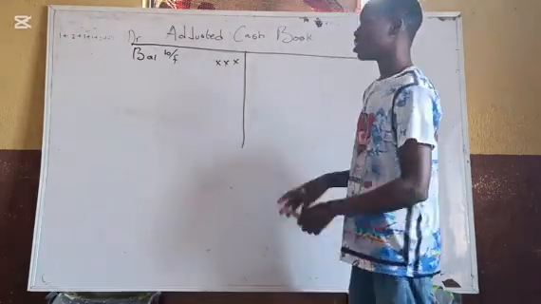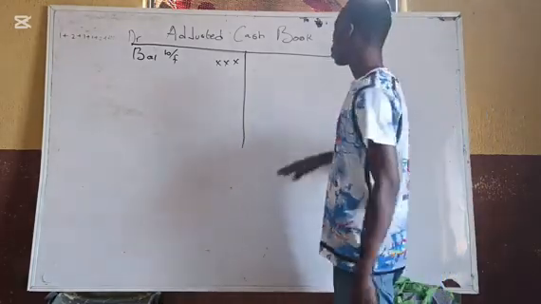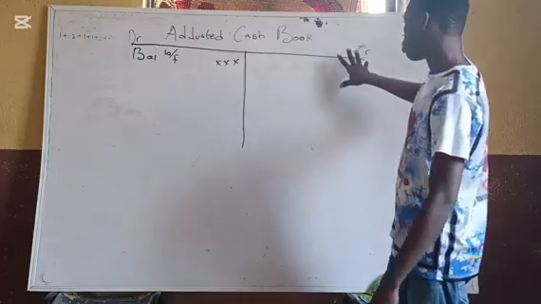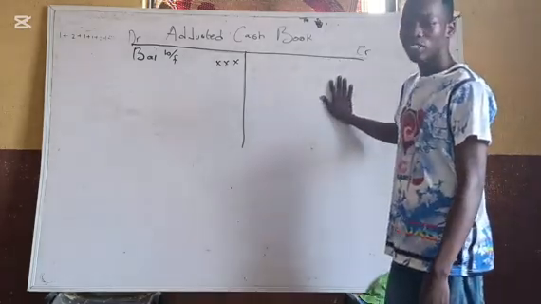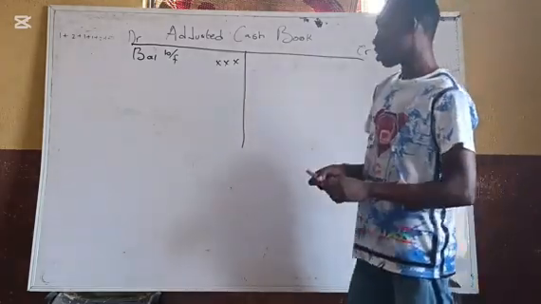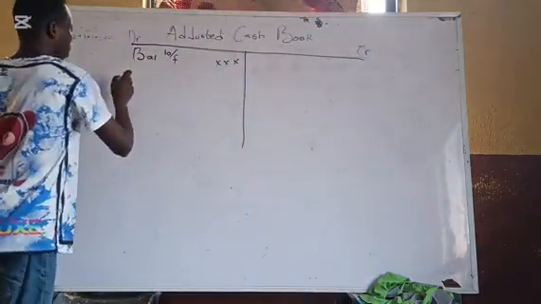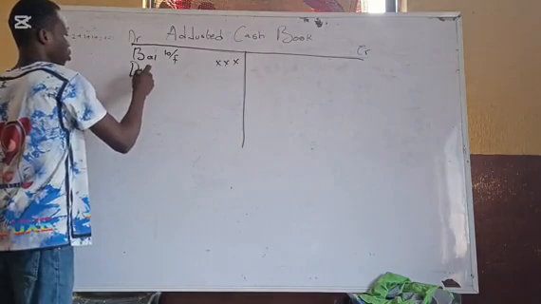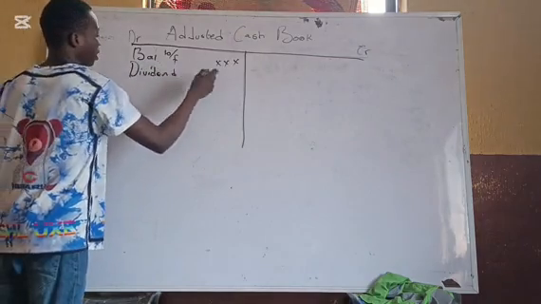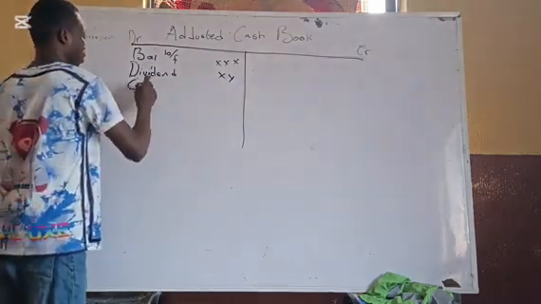And all what is added to the bank statement or deducted from the balance as per cash book will be on the credit side, because they are reducing the cash balance. Do you get it now? And all what we added, let's remember, we added dividend, right? We added credit transfer.